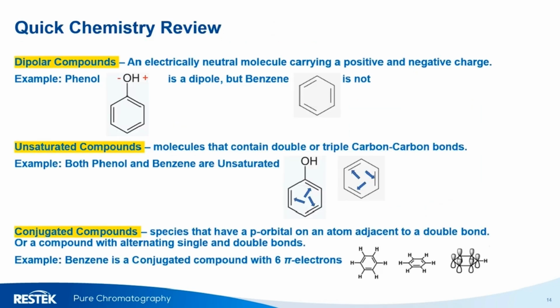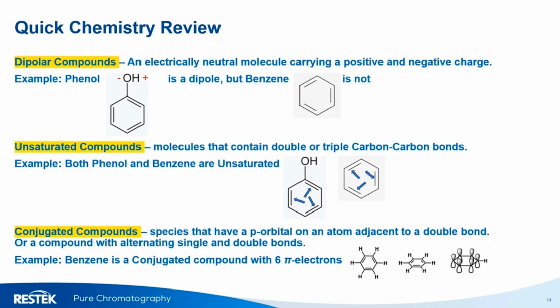Starting with dipolar compounds, these are electrically neutral molecules carrying a positive and negative charge. For example, phenol is a dipole, but benzene is not. For unsaturated compounds, these are molecules that contain double or triple carbon-carbon bonds. Examples of phenol and benzene are both unsaturated.